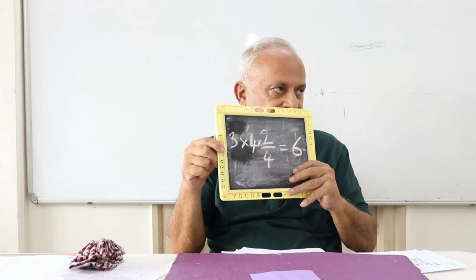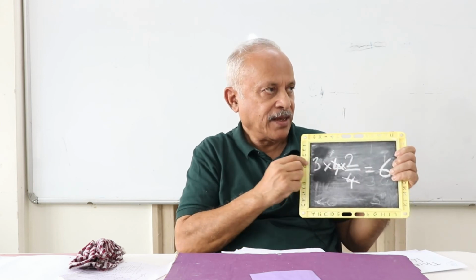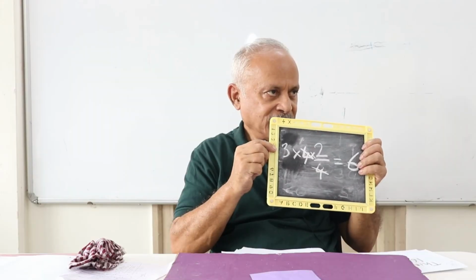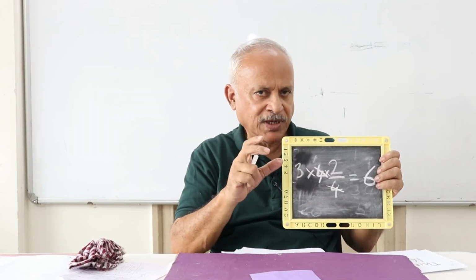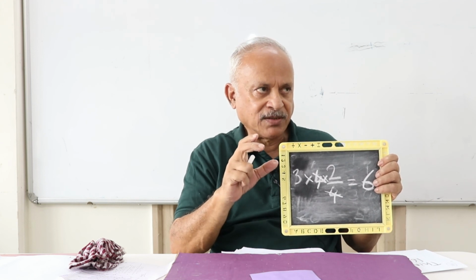Now how can I cancel? 4 and 4, I cancel. So now I have 3 into 2, which is 6. Okay, so now we are learning the rules of cancellation.